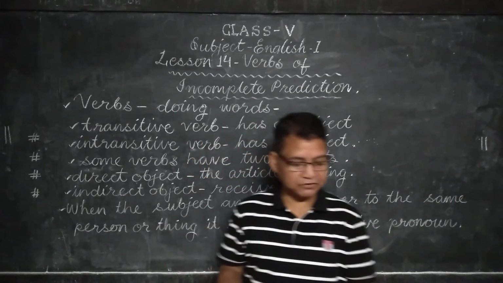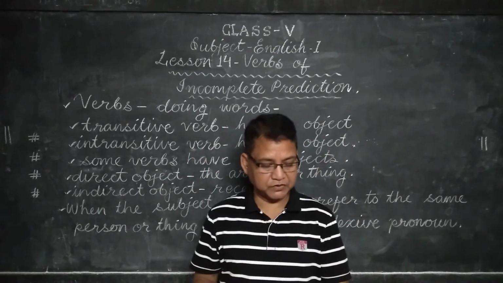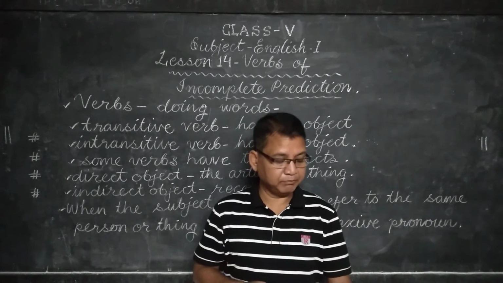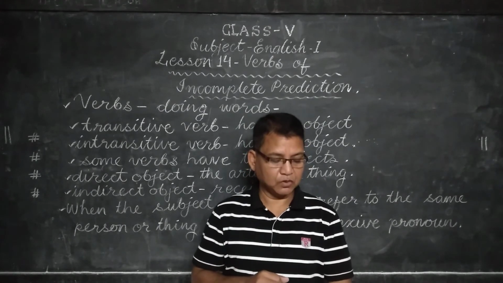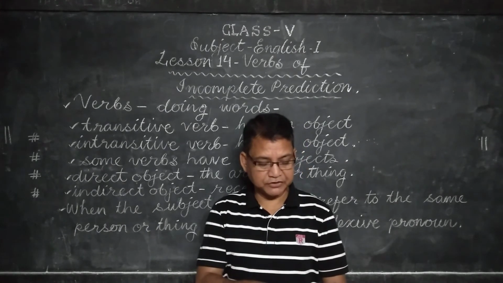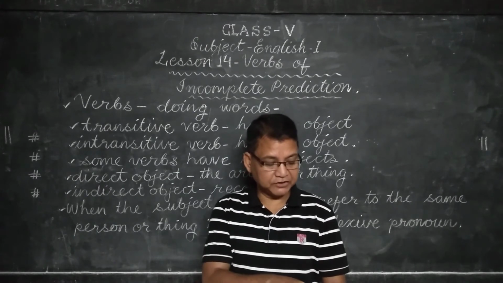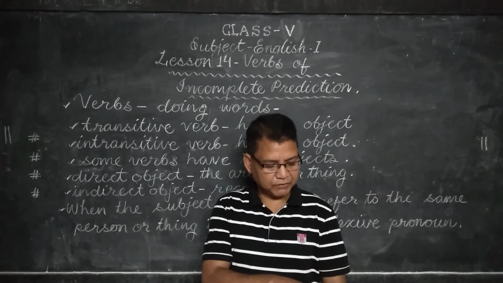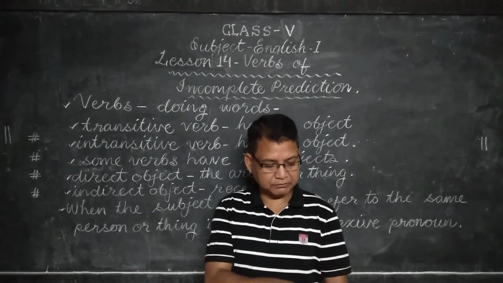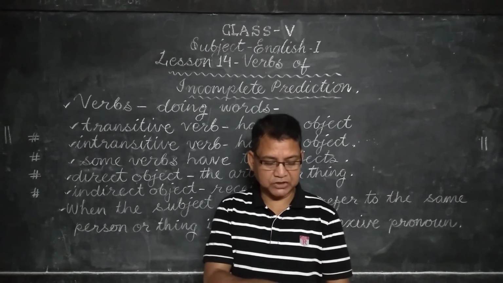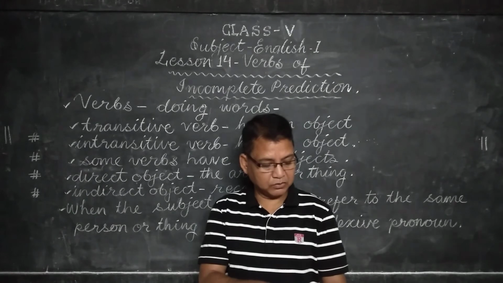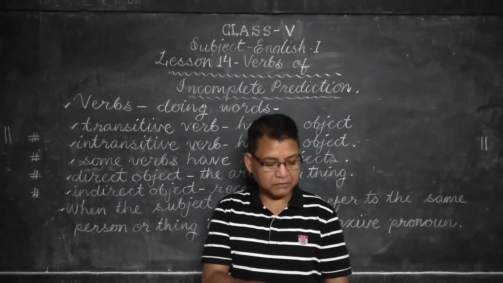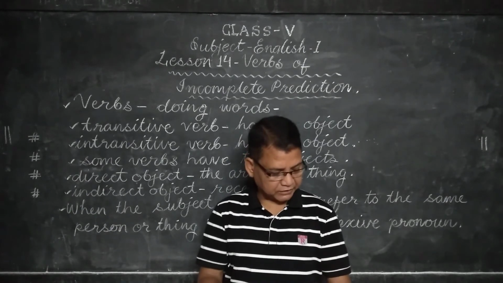Some transitive and intransitive verbs require a word or words, a complement, to help them complete what they say. So, such verbs, transitive or intransitive, are known as verbs of incomplete predication. Verbs like be, become, seem, appear, and those which denote a state of being are the most common verbs of incomplete predication. So you read all this, okay.